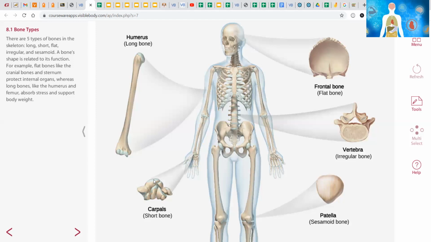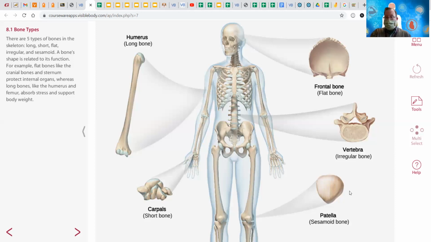If I put an E on and it's pronounced vertebrae, it's more than one. So you put an E on the end. We'll see that in a couple other anatomical pit stops, words with singulars ending in A and plurals ending in E. Okay, so the vertebrae are irregular bones.